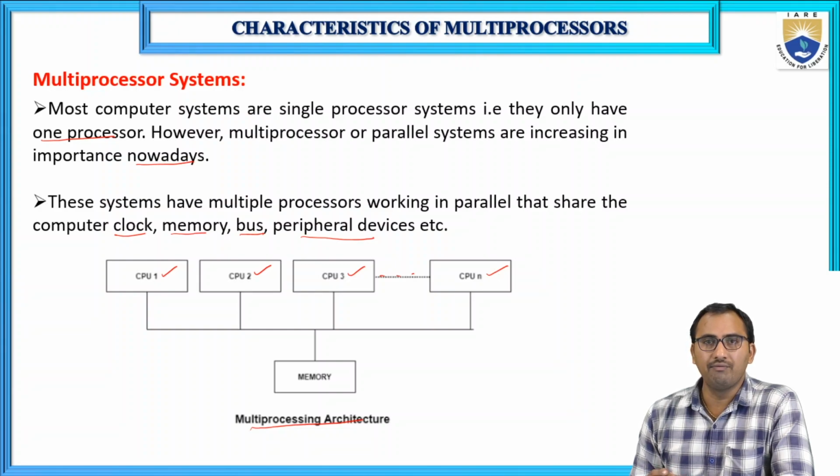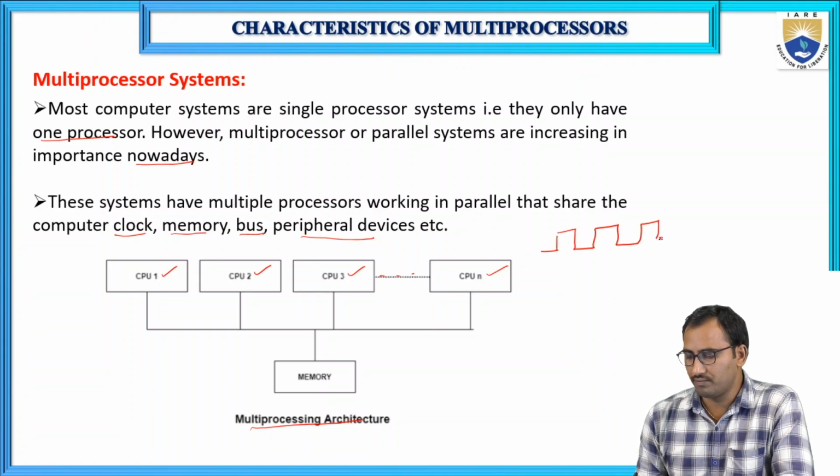A clock is nothing but a square wave, going on and off. The clock is required in order to operate every processor. So all these processors share a common clock, common memory, common buses and peripheral devices.